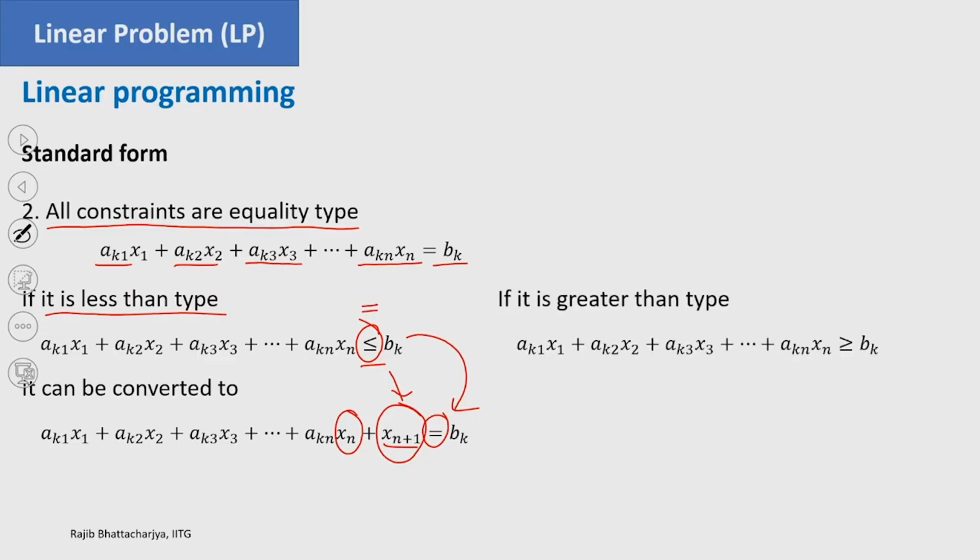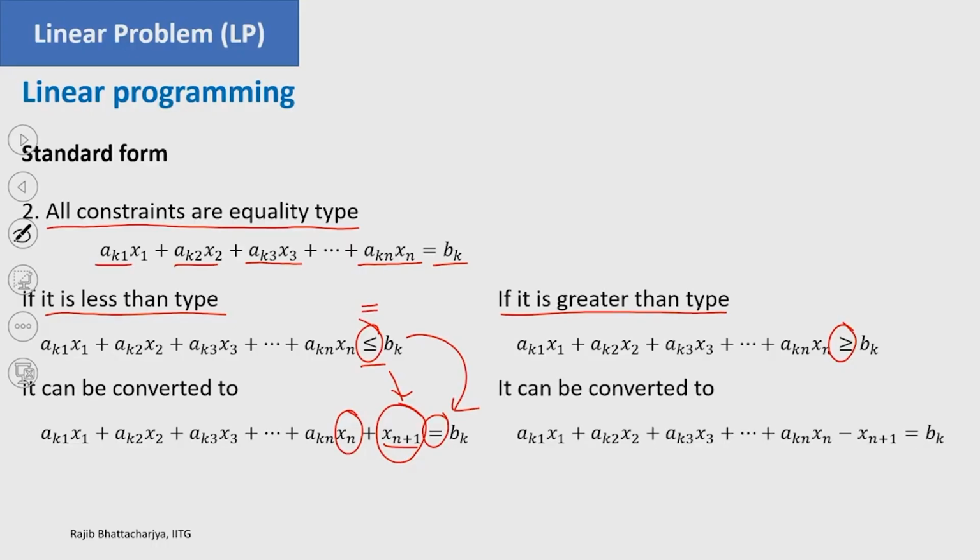Similarly, if you have a greater than or equal type constraint, this is the sign. Now, it is not less than or equal type, but a greater than or equal type constraint. So, I can subtract another variable, x(n+1), in order to convert this particular constraint to an equality type constraint. If it is less than or equal type, then I will add a variable, and if it is greater than or equal type, then I will subtract a variable to make it an equality type constraint.